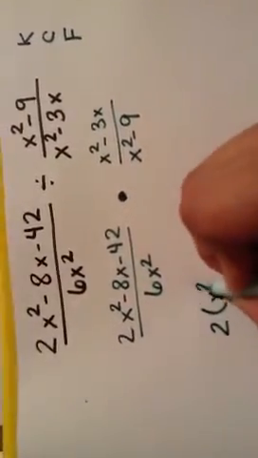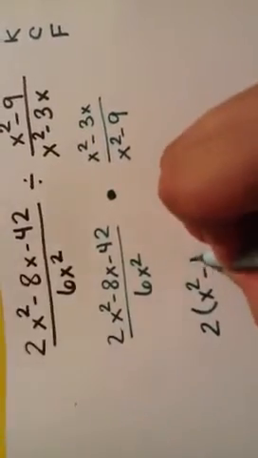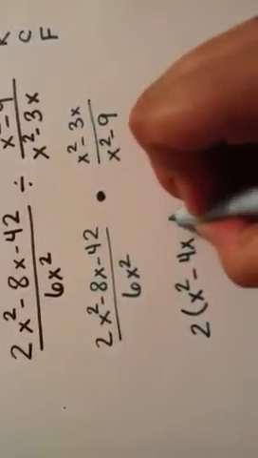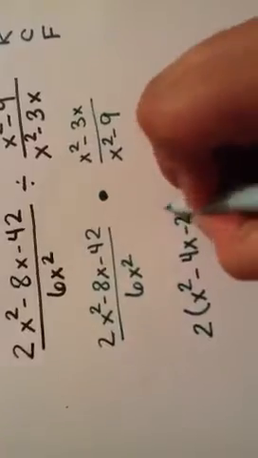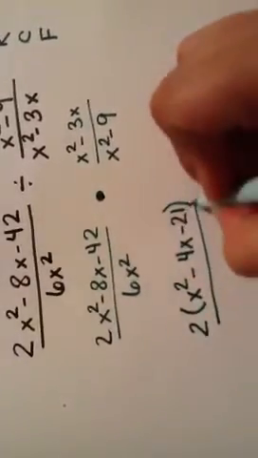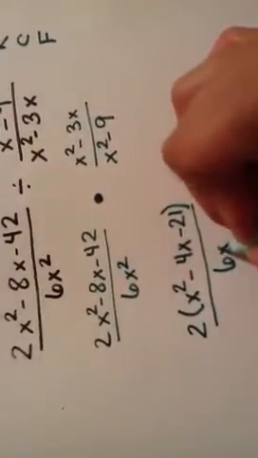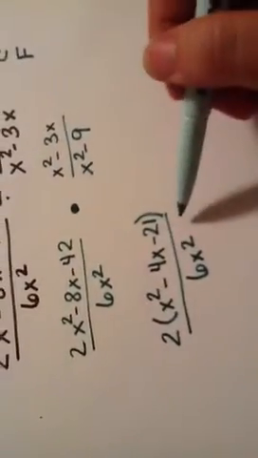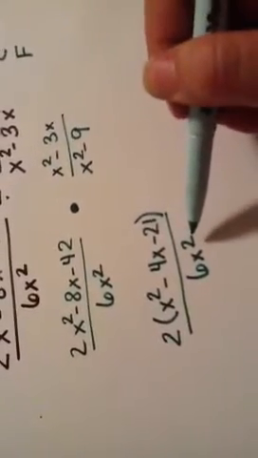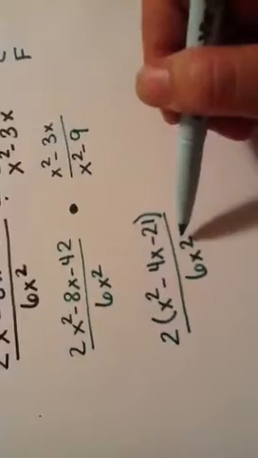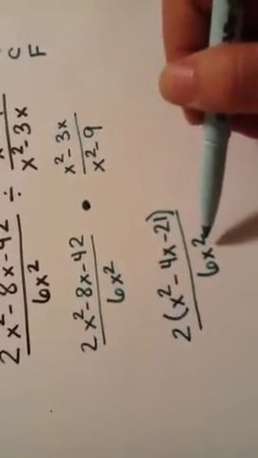I'm left with x squared minus 4x minus 21. I do not factor my monomial. I've seen that done before where students try to factor this monomial into two binomials.